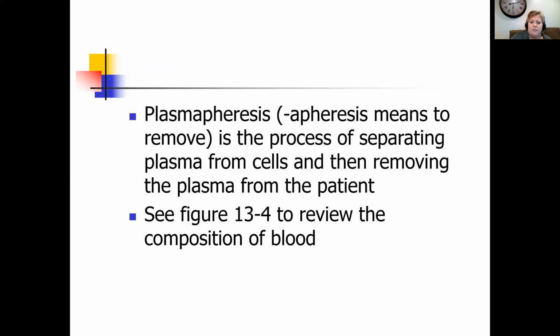Plasmapheresis is a process of separating plasma from cells and then removing the plasma from the patient. And if we look on page 13 or 509, figure 13.7, this is a composition of blood and everything we just talked about.